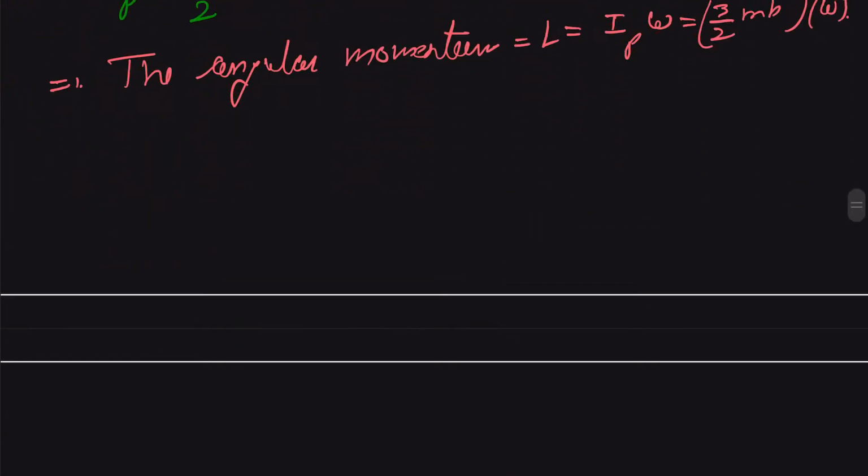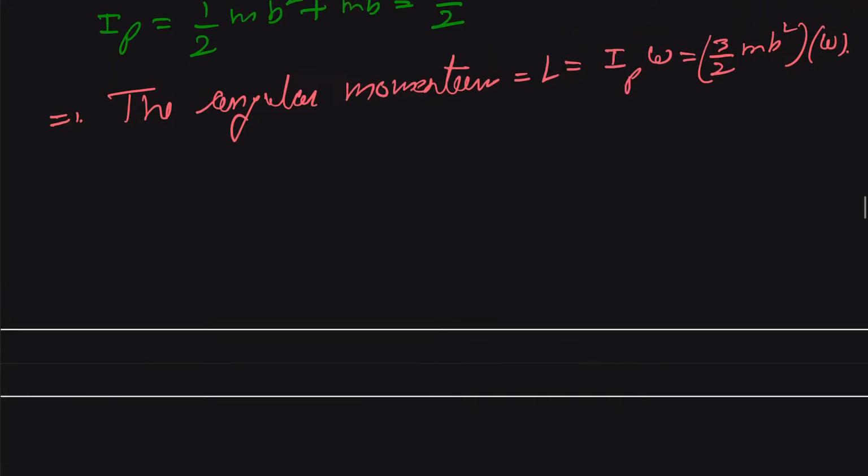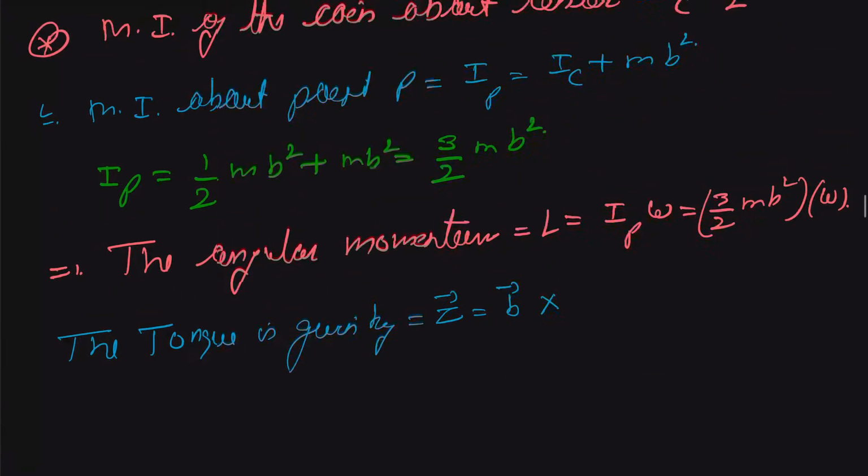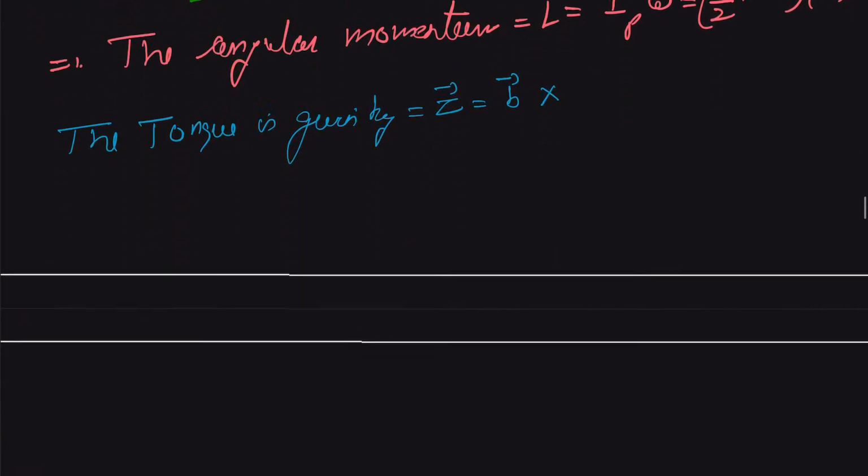Now we come to the torque, and you can say that the torque, which is our tau, has our radius b, and we are going to have the force because of our gravity, that is our Fg.